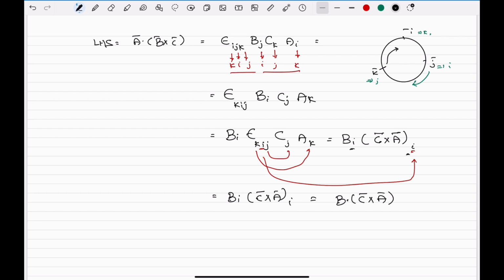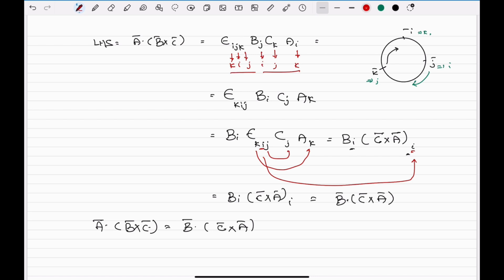That means A dot B cross C is equal to B dot C cross A. We should be very careful. Whenever we are dealing with vectors, we should be very careful.